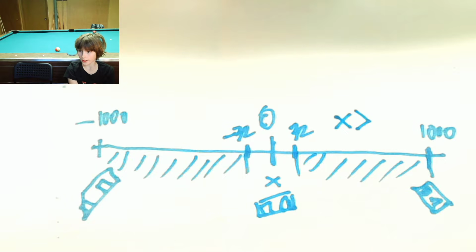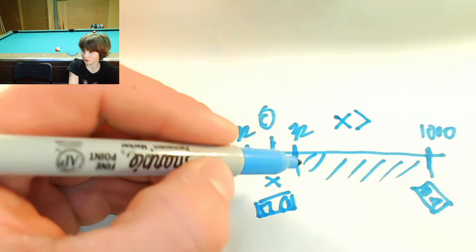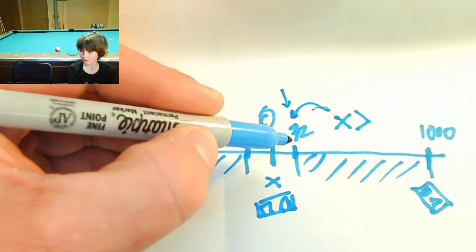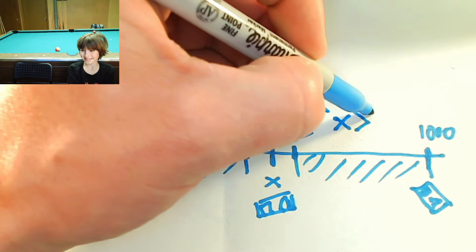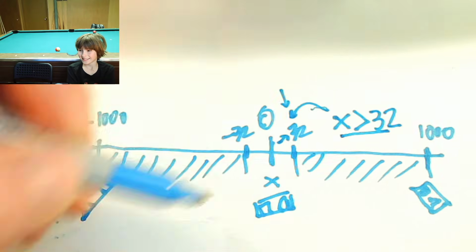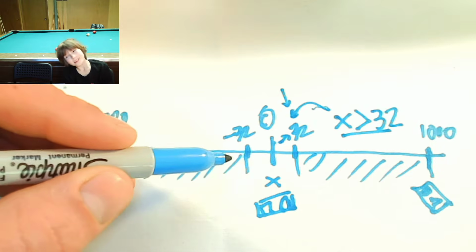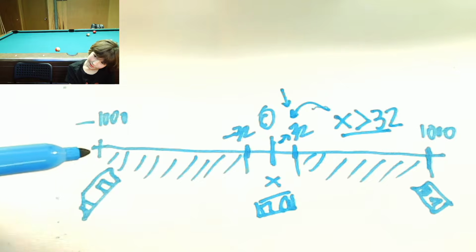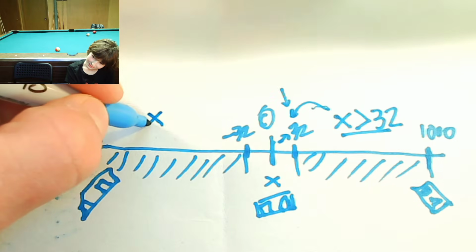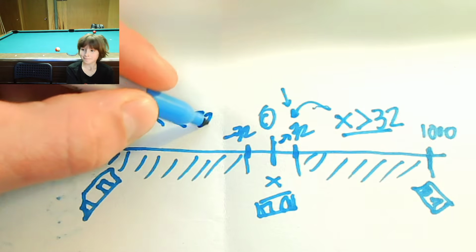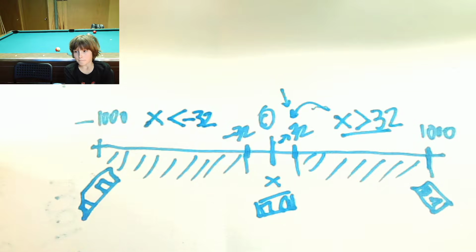It's like math in school. X is greater than... hint, hint, hint. 32. 32, yes, great job. Now, what about here? X is going to be, think about temperatures. It's going to be very cold. Then negative 32. It's going to be what? Smaller than negative 32. And by doing so, you've actually solved the code you need.